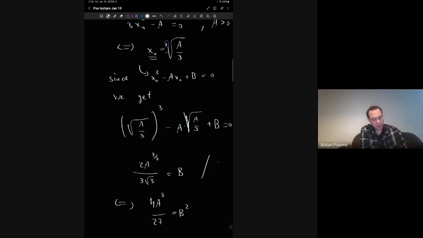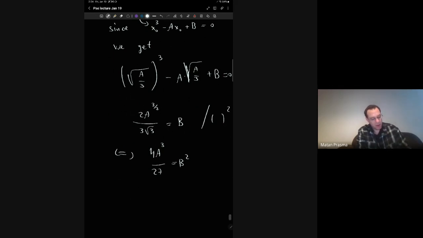This is by raising both the left-hand side and right-hand side to the power of 2. And of course, this is equivalent to saying that 4a cubed minus 27b squared is equal to 0.